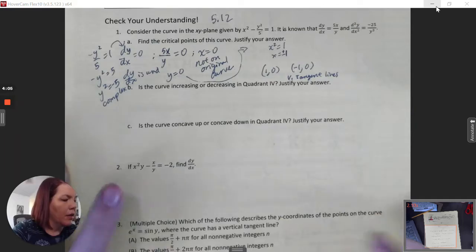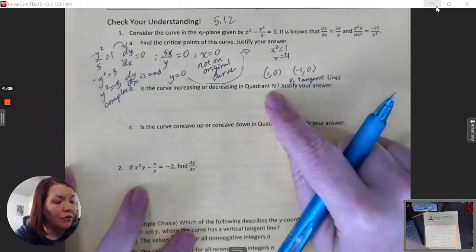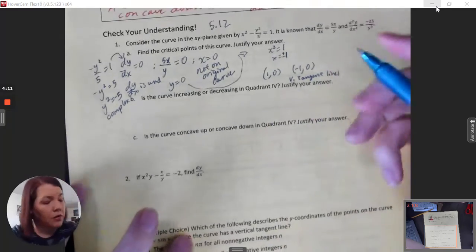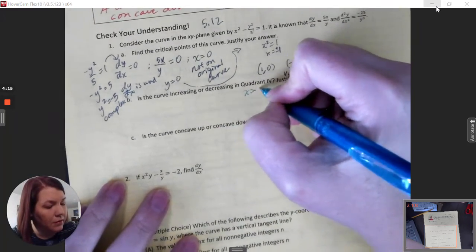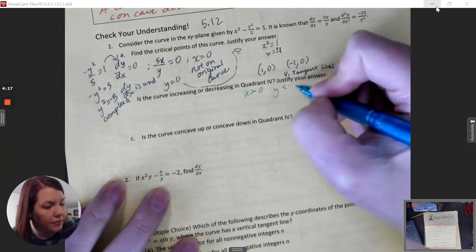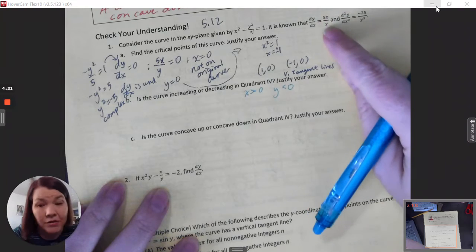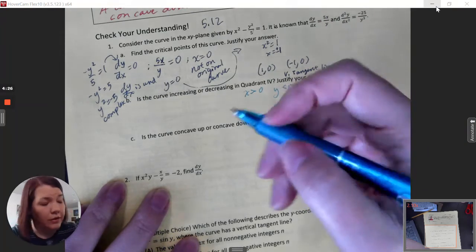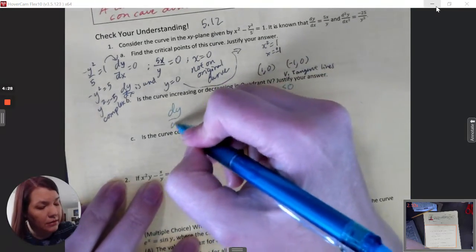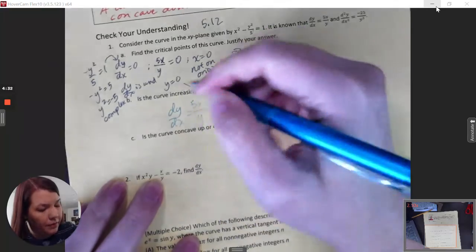All right, here we go. Is the curve increasing or decreasing in quadrant 4? So in quadrant 4, x is positive and y is negative. So that means their signs are different. So in quadrant 4, it is decreasing. So dy dx is equal to 5x over y.